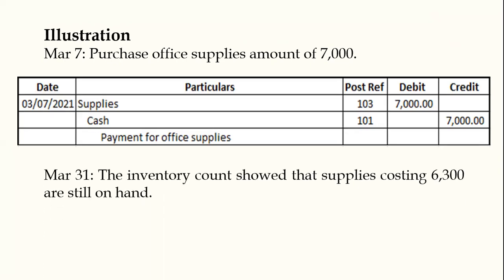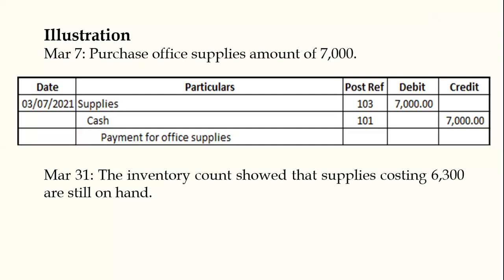On March 31, nagkaroon ng inventory counting. Ibig sabihin, binilang, mag-ilan na lang ba ang natitirang supplies. So at the end of the month, March 31, the inventory count showed that the supplies costing 6,300 are still on hand. So ang natitira na lang daw noong March 31 sa supplies na binili noong March 7 ay 6,300.